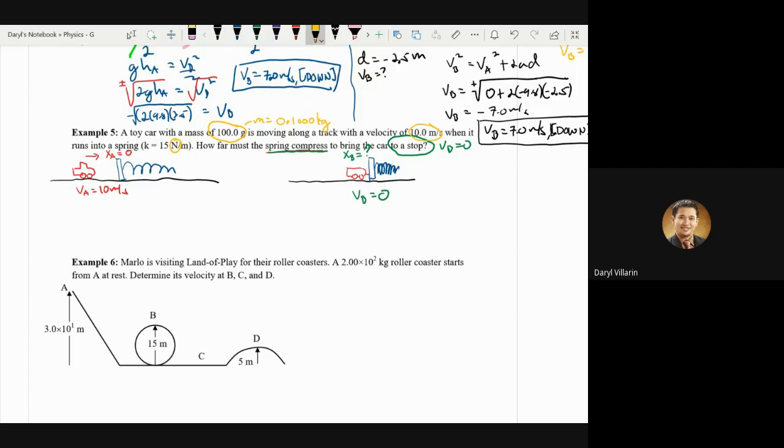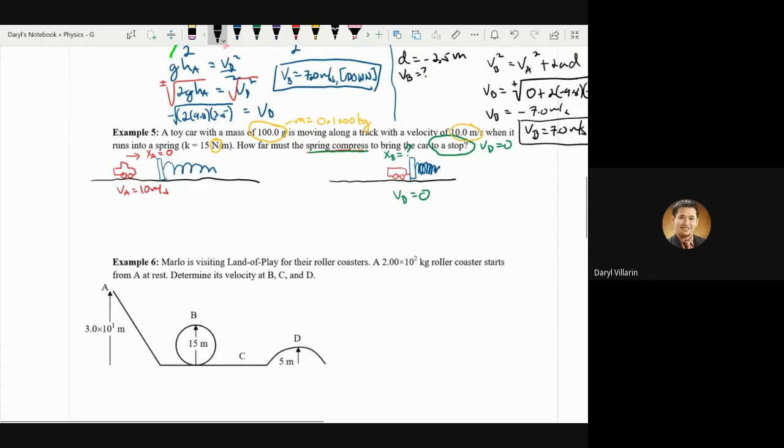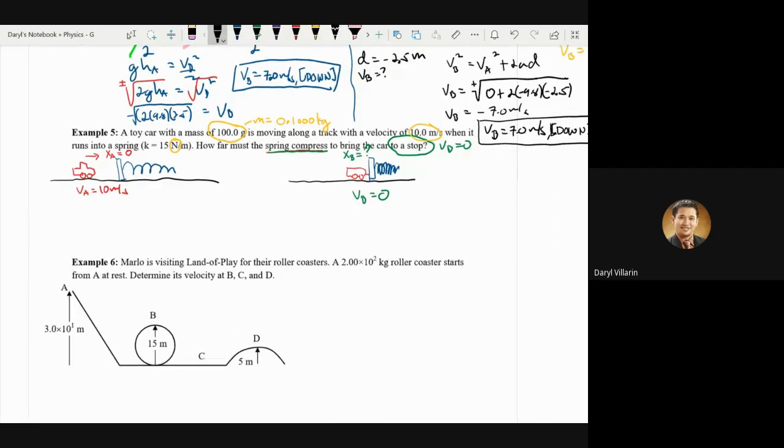Okay, so I go back to my conservation of energy. The total energy at A should be equivalent to the total energy at B. So that's my starting equation. What are the energies we're talking about?